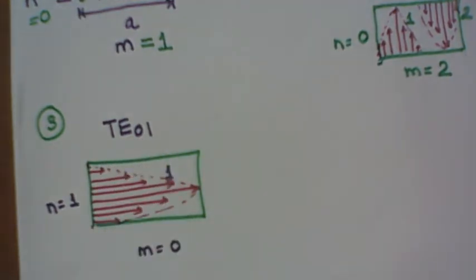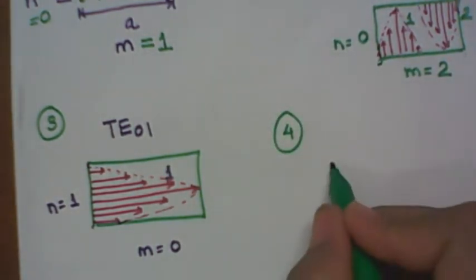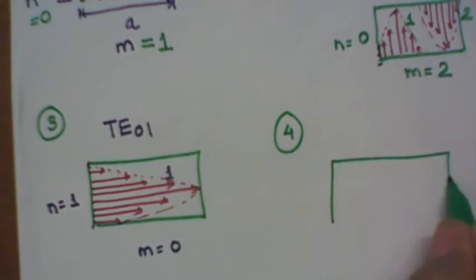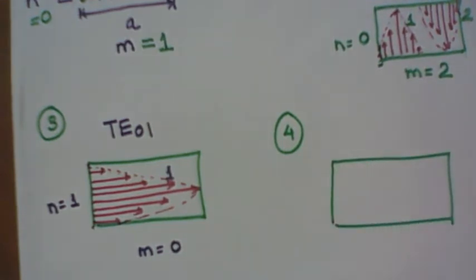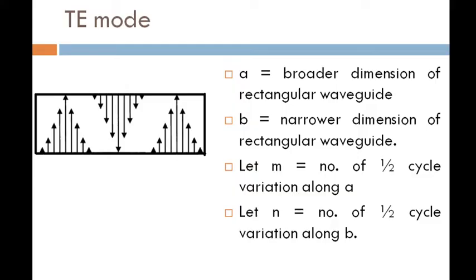Okay, let me take again another example. This is my rectangular waveguide. Again, I am drawing this my rectangular waveguide, and in this rectangular waveguide, say I am having this kind of a figure. Okay.